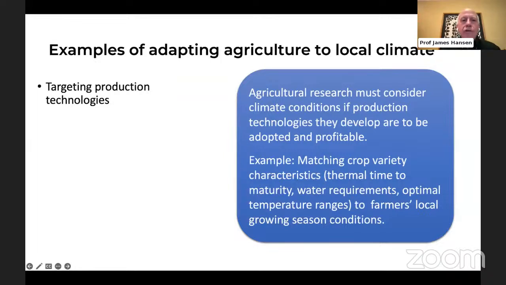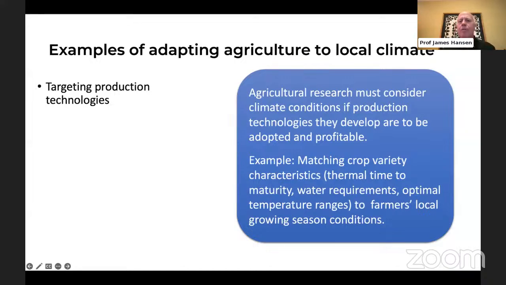So for agricultural researchers, historical data is useful for targeting production technologies to farmers' local conditions. An agricultural research organization needs to consider climate conditions if they're developing production technologies that they intend to be adopted and that they intend to be profitable for farmers.